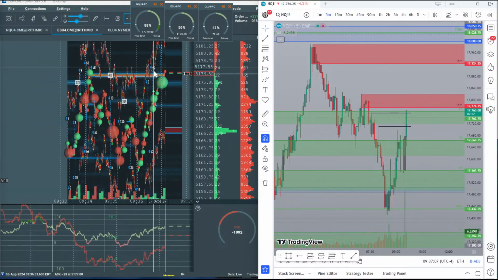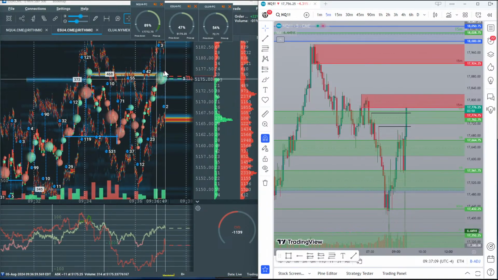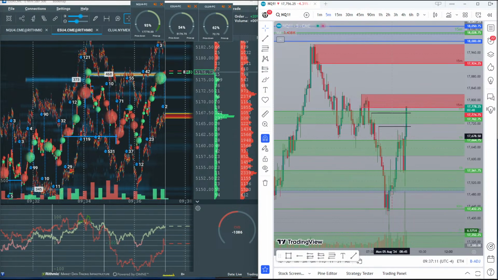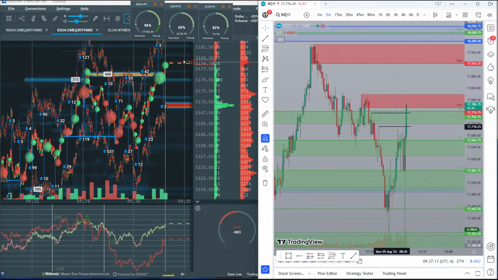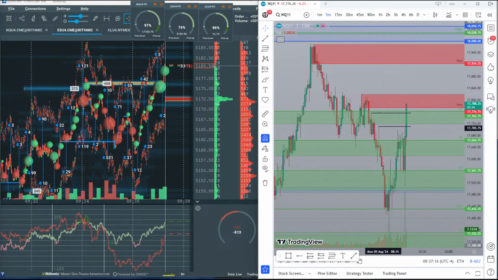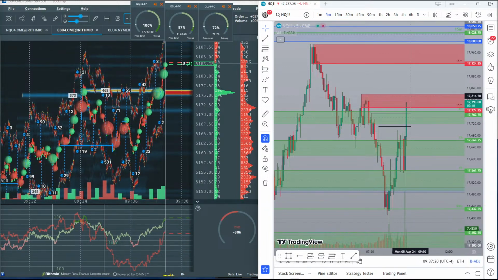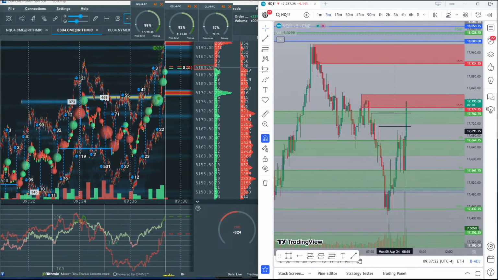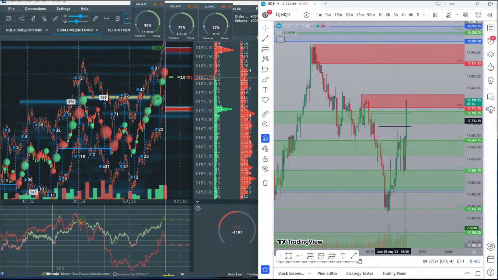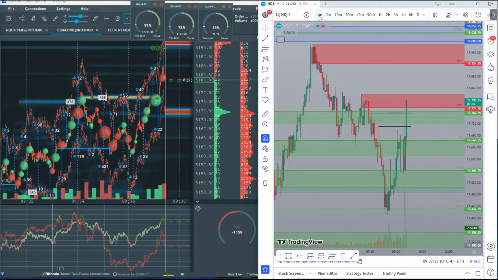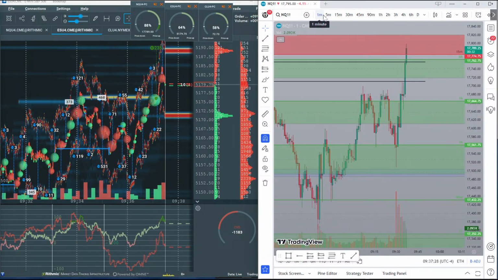I'm going to be watching heat map to see if there's anything to tell me to take this short in this supply. Right now it's trying to push through it, nothing crazy. Once we start getting any type of rejection is when I'll consider getting into this trade.